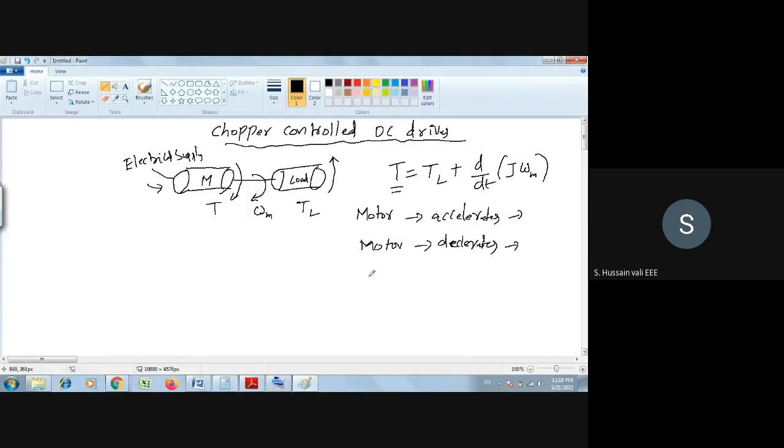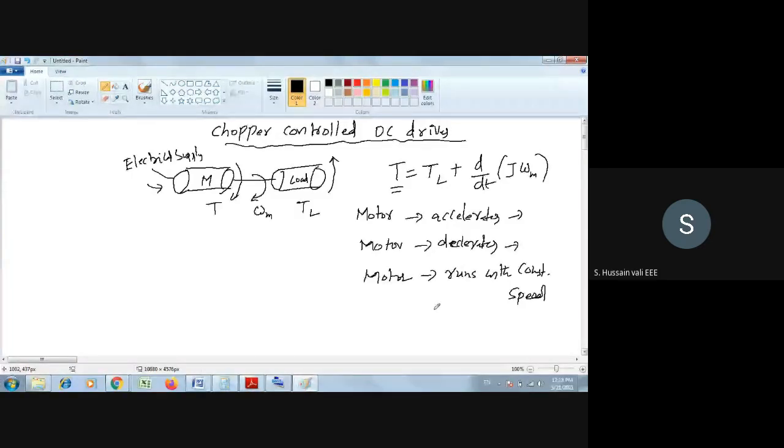And there is another possibility: the motor runs with constant speed. These are the three possibilities for every motor. For any load you connect to the motor, it either accelerates, decelerates, or runs with constant speed. There is no other possibility.